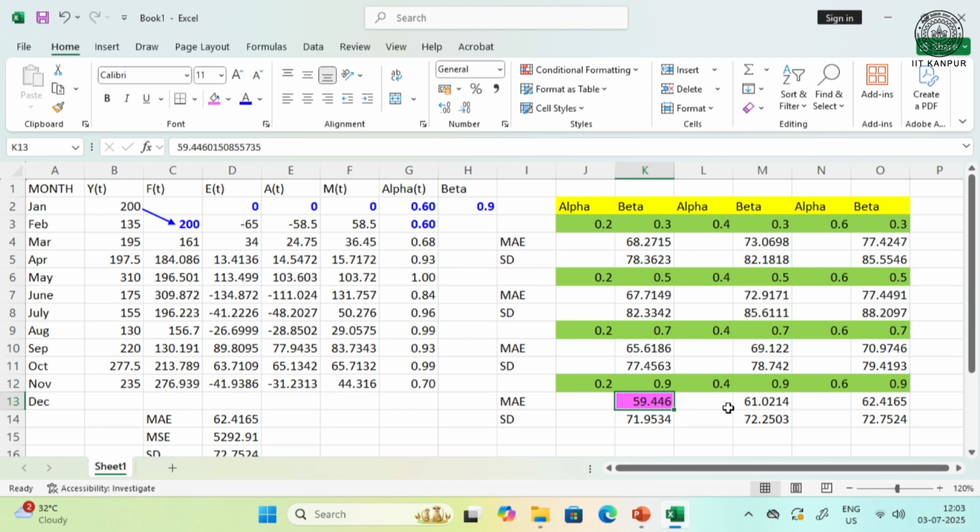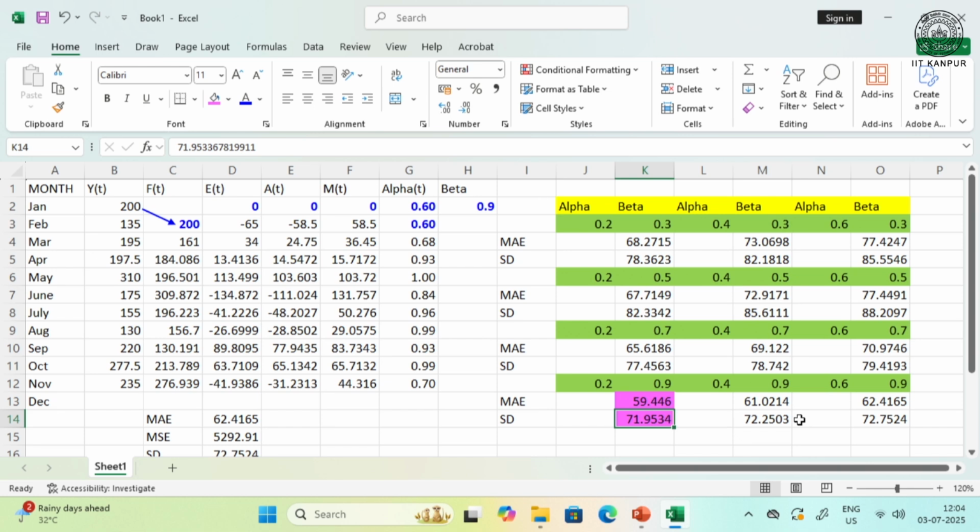Now, if I want to find the minimum for standard deviation also, it is coming out the same. So, both mean absolute error and standard deviation are minimum for this combination of 0.2, 0.9. I have not considered other combinations, but these are the minimum values.